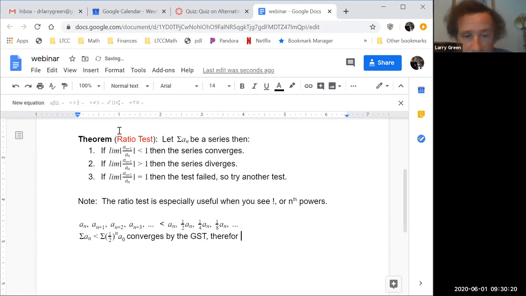Therefore, the original series converges by the comparison test, because we have the comparisons work.